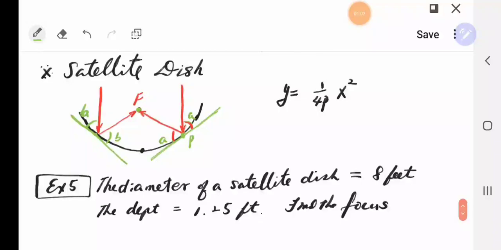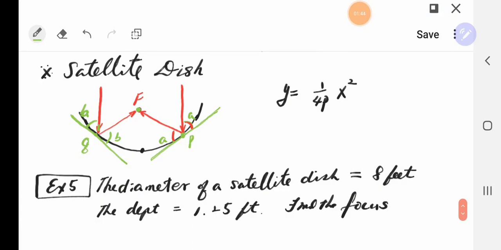So it will go to the point F. And also, if another signal comes going down, here's a point, let's say Q. Here is a tangent line tangent to this point Q, and the ray bounces so that it goes to the focus. So the parabola can be used for the satellite dish. The curve of the satellite dish looks like a parabola, so we can use an equation like y equals 1 over 4p times x squared.